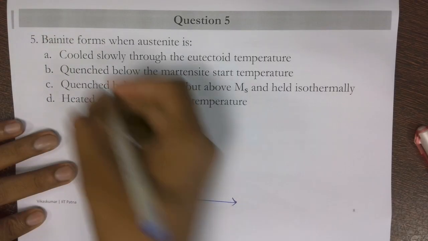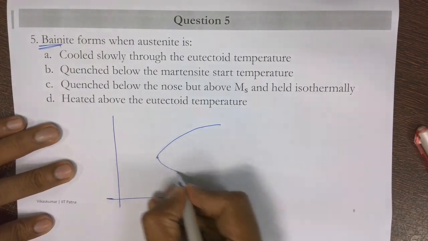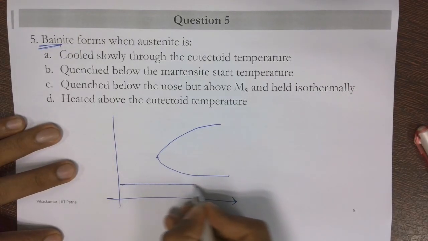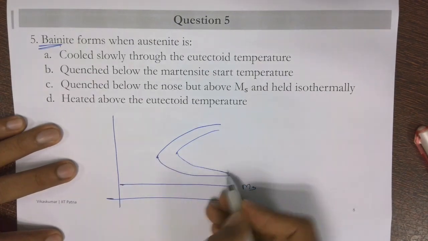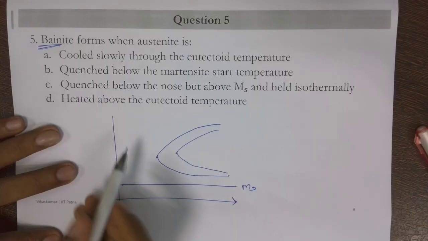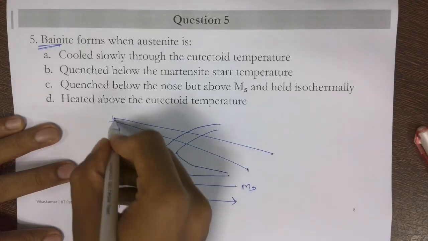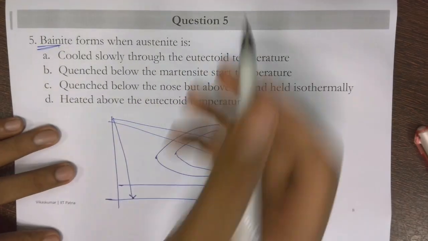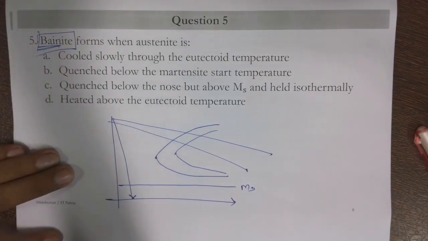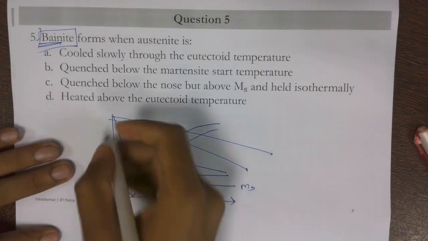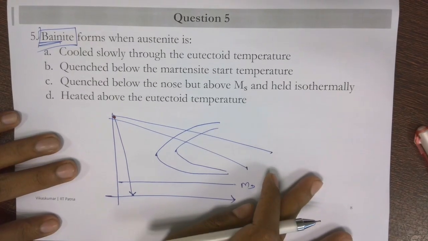If I want to form bainite, I will do austempering. I'll cool it fast, but keep it above the martensite start. I will make it stable at this particular temperature and give a sufficient amount of time. Now the structure which we will form will be bainite.